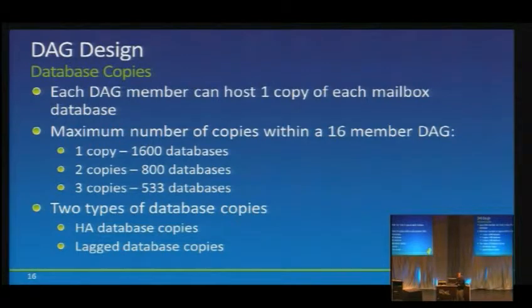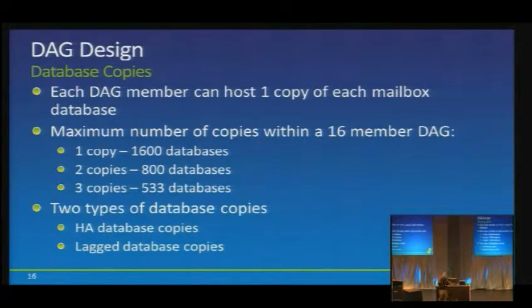There's no LCR equivalent. Now, the number of unique databases inside a DAG is determined by the number of servers that you have and the number of copies that you put on there. If we look at the maximums, where you can have 100 databases per server and 16 servers in a DAG, that gives you a total of 1,600 copies.